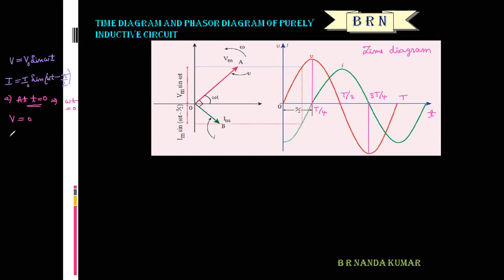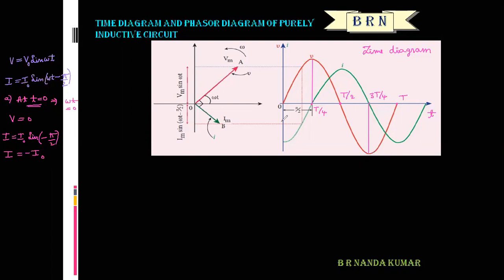That is why V is equal to 0, but the current is not equal to 0. I is equal to I naught sine of omega t minus pi by 2. So 0 minus pi by 2, that is minus pi by 2. Sine of minus pi by 2 is minus sine pi by 2, which is minus 1. Means I is equal to minus I naught.